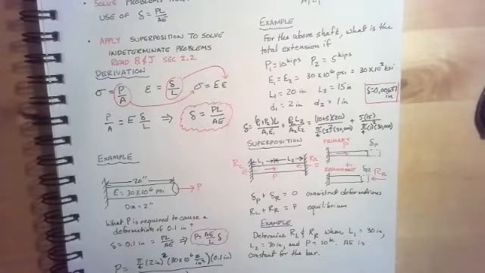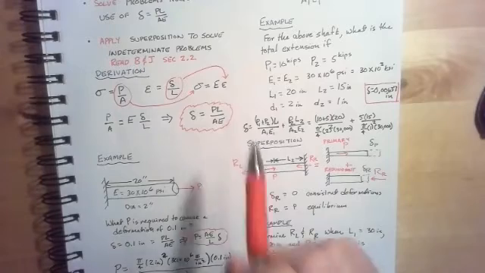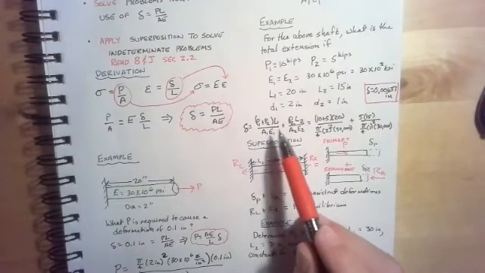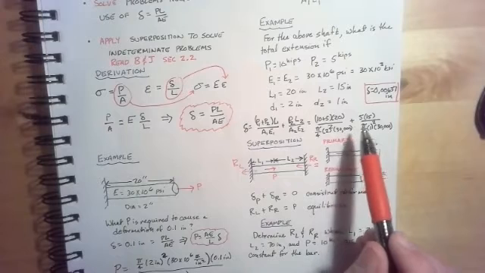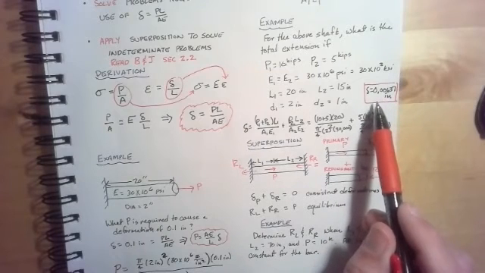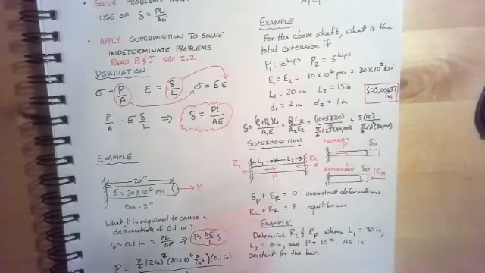L1 will take as 20 inches, L2 will take as 15 inches, D1 will take as 2 inches, D2 will take as 1 inch. So when we plug all of those numbers into our equation for the total displacement, you would see that we have a total displacement of 0.00637 inches.